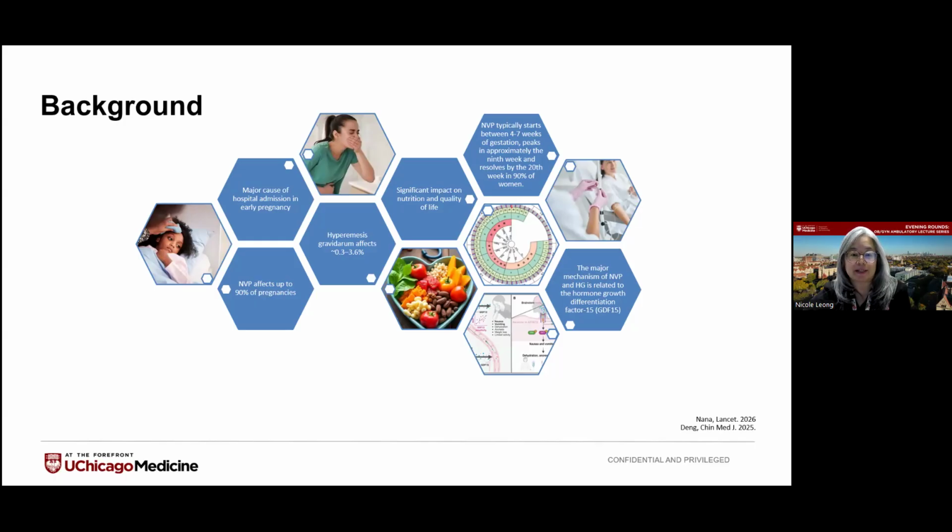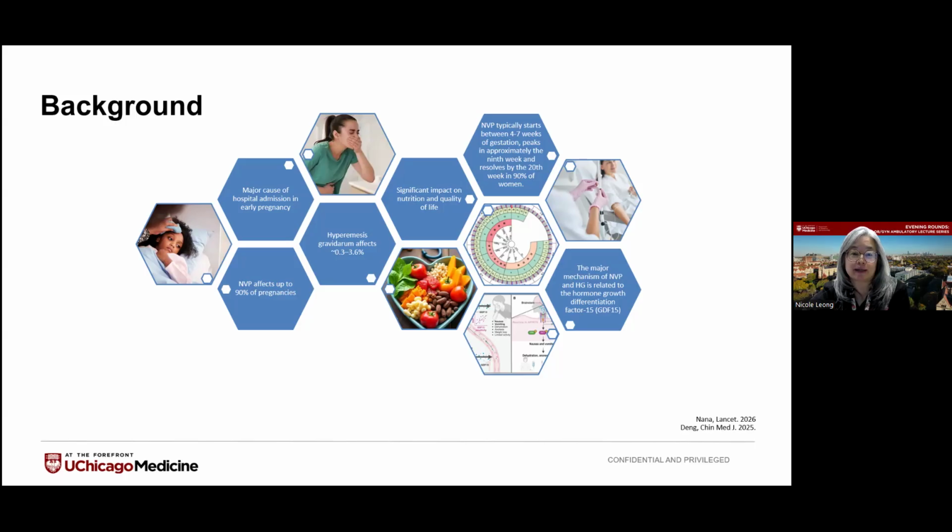And this can have a significant impact on nutrition, as well as quality of life for pregnant people. And addressing this seriously and as soon as we can help prevent this significant impact on people's lives.